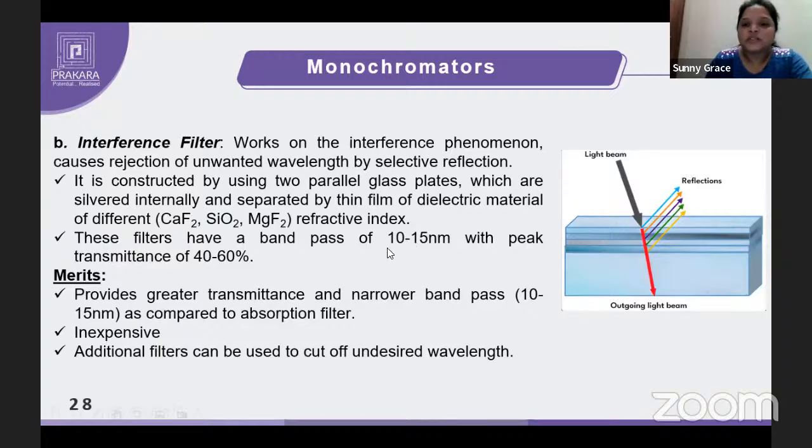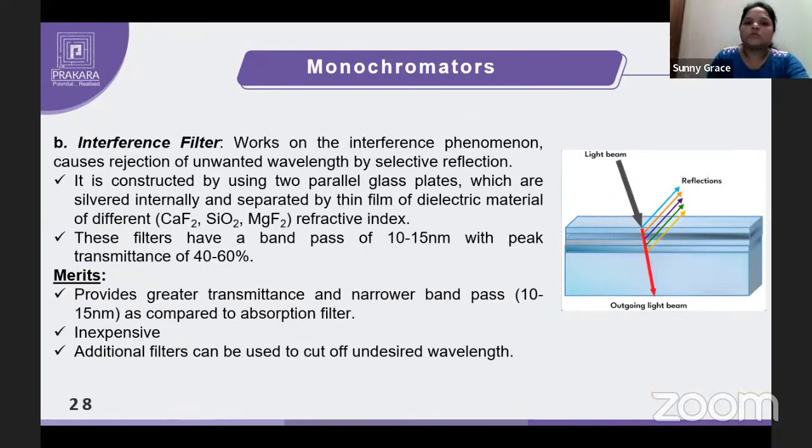The interference filter is constructed of two parallel glass plates, the inner side of the glass plates having a silver lining, and between those two plates you will have a dielectric material like calcium fluoride or silicon dioxide, with different refractive indexes. That is what helps us in rejecting the unwanted wavelength.